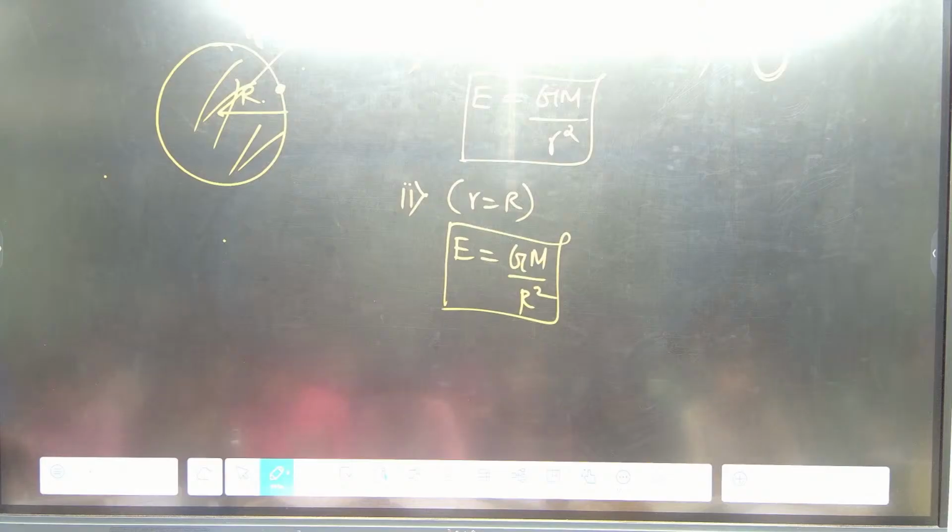So which means the net field will be 0. Now you say small r is greater than capital R or capital R is greater than small r. They cancel each other.